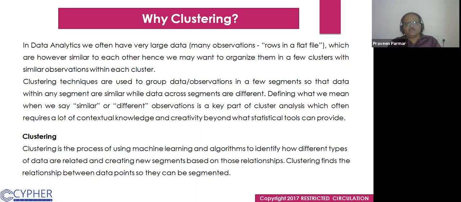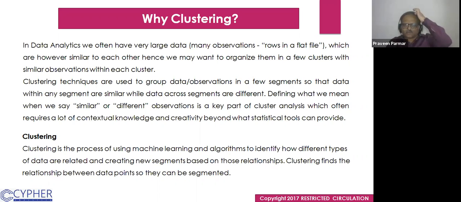In feature engineering, you have seen that we were doing factor analysis. It is column-wise. Factor analysis is column-wise, a dimension reduction. Clustering techniques are just for the observations. Observation-wise we make some groups, and clustering techniques are used to group data observations in a few segments so that data within any segment are similar while data across segments are different.